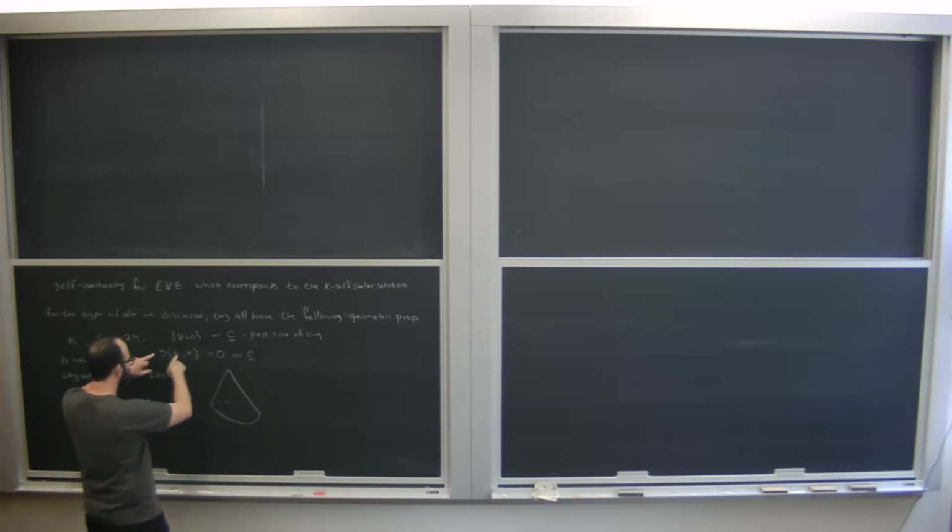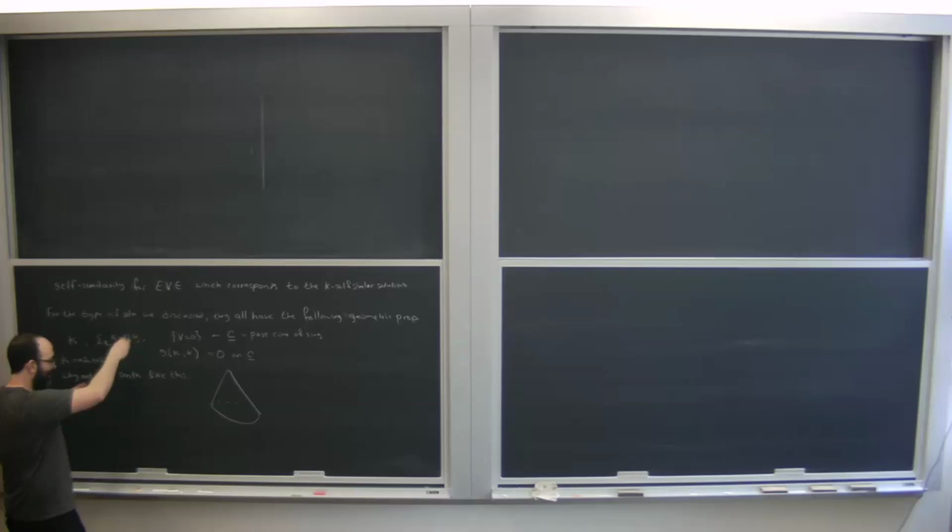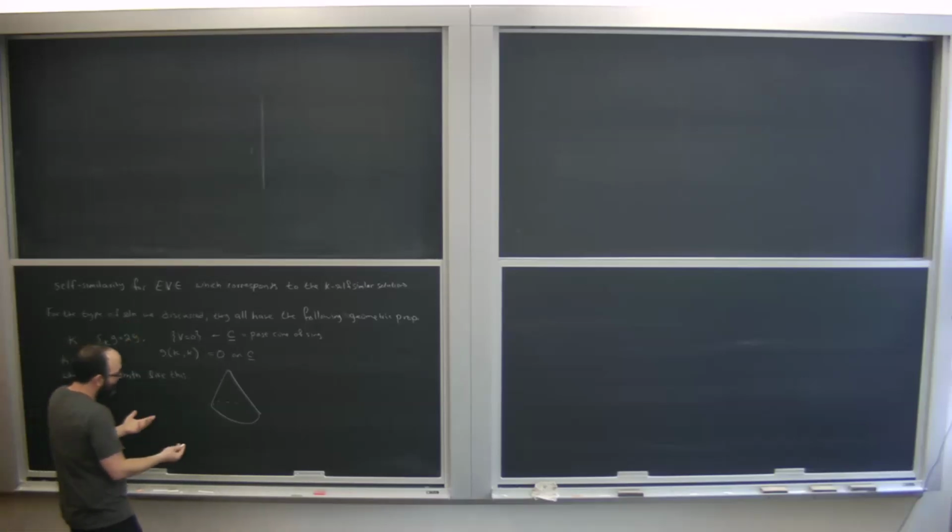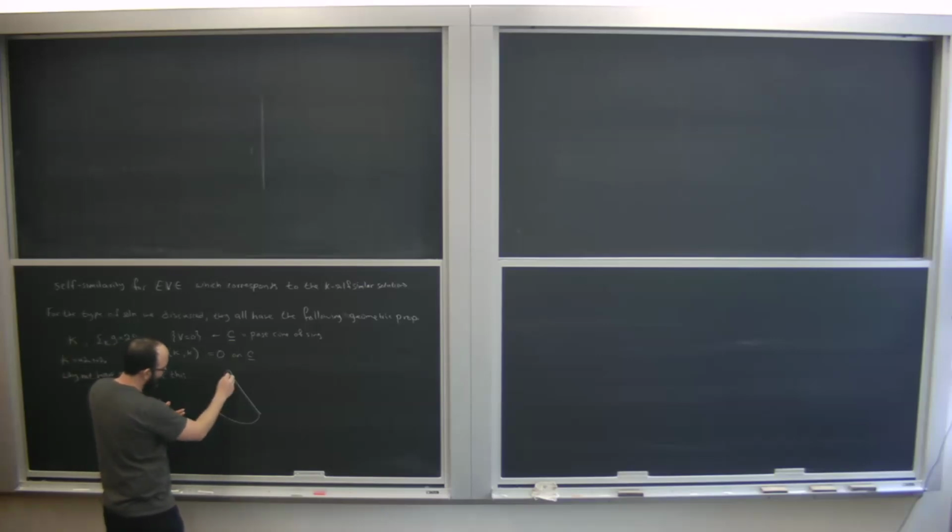This situation corresponds to everything being null, so the orbits of the self-similar field just go straight up and down. But they could also twist in some way. I mean, why not? Something like that, right? I don't know if you see what I mean.